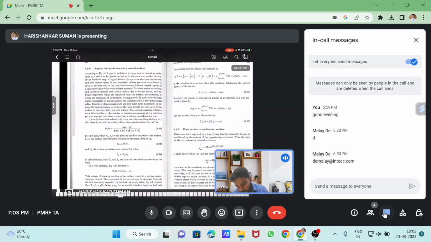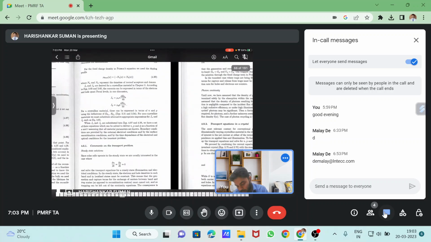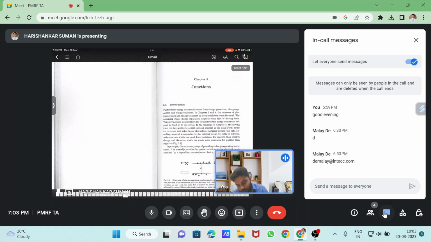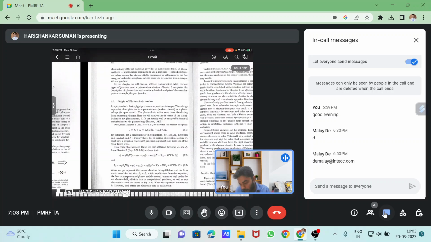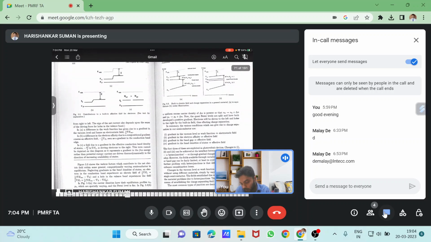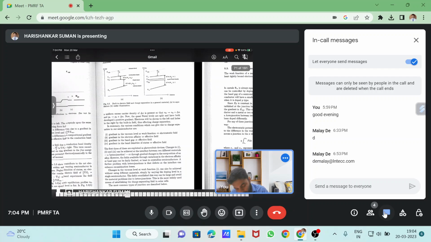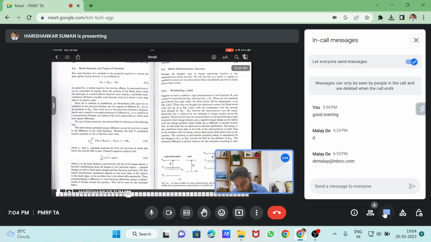This is actually a nice book. And junction, yeah, how a junction is working. There is a Fermi level, stabilized field.